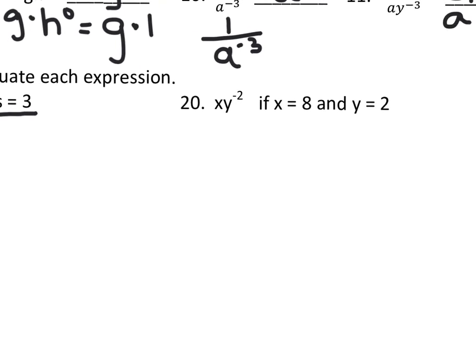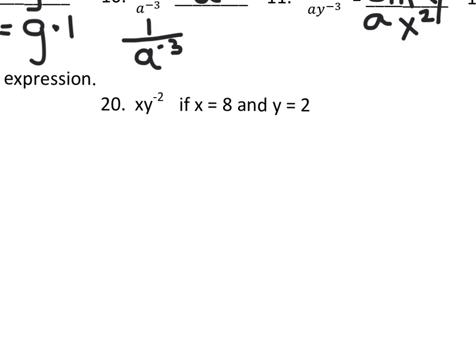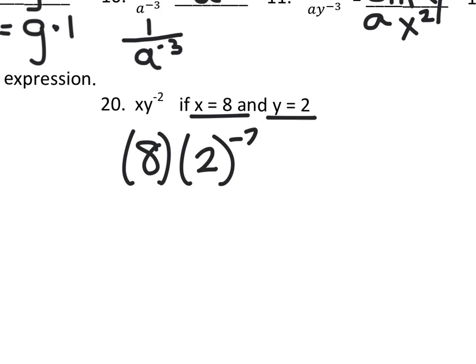All right, number 20. Again, they tell us our x and our y, so we're going to go ahead and plug those in. x is 8. It has no exponent. y is 2, and it has a negative exponent. So remember, things with positive exponents, or in this case, think of this as being a 1, we leave that alone.